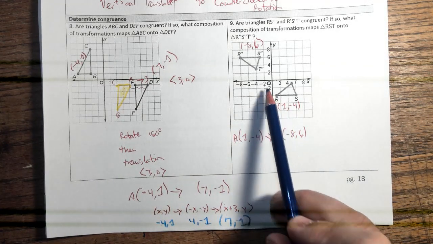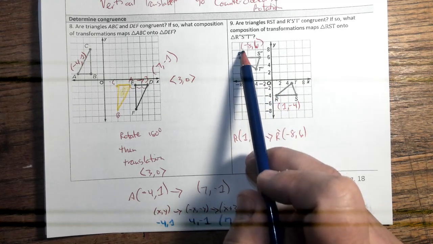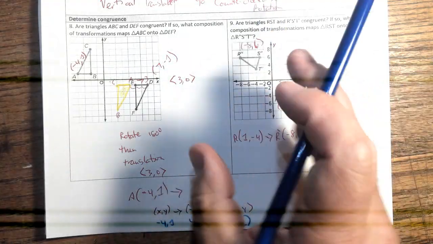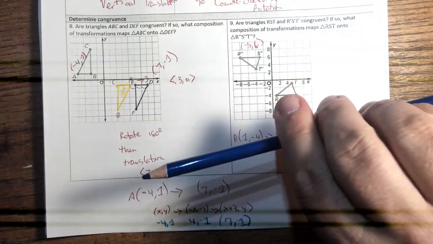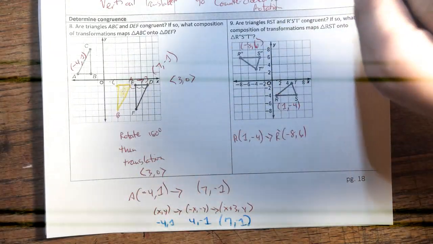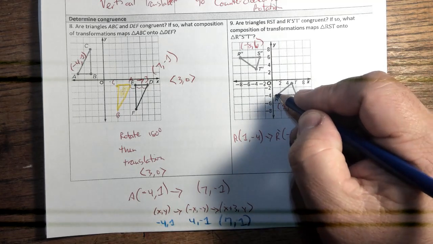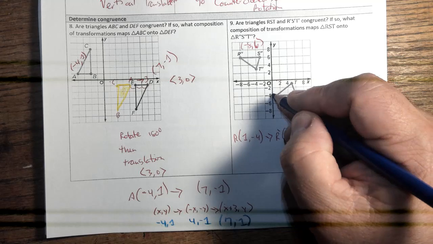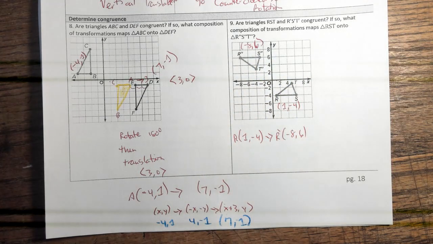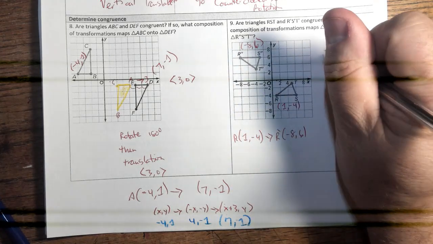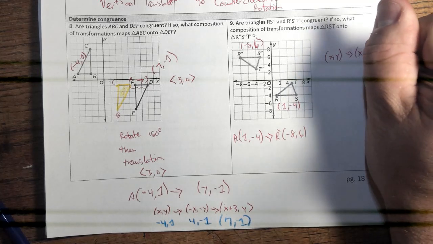So see, R's here. It's pointed kind of that way. If we rotate it, it's not going the right direction. If we rotate this way, it goes here and then here, so R is in the wrong spot. So if we reflect, this is 1 away here, it's going to be 1 away here. So x comma y, if we reflect in the x-axis, x, -y.